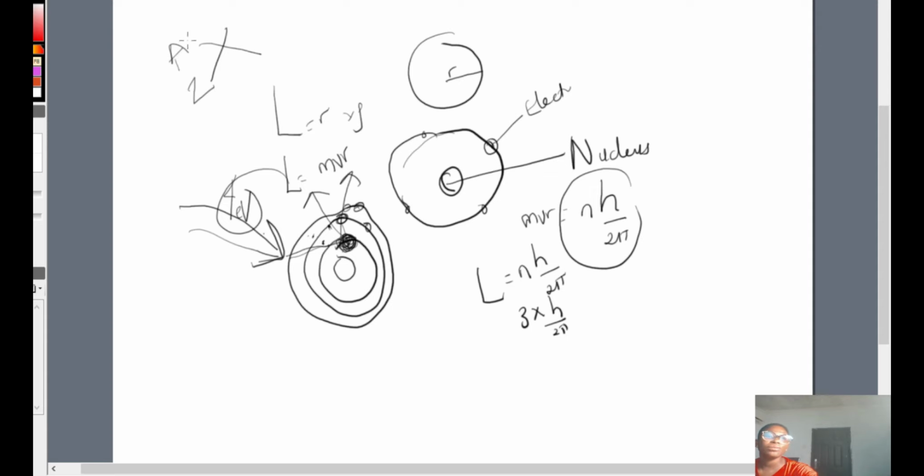For example, if we have carbon 12, we have 12 and 6. This 12 is the bigger mass number of the element, and 6 is the atomic number. It can also be called the proton number, the atomic or the proton number. That's what we are trying to say here.